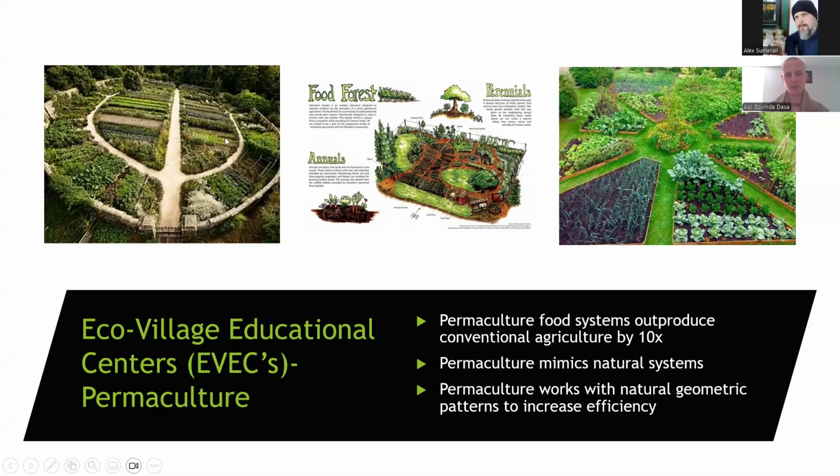It creates diversity in an ecosystem that balances itself, diminishes the risk of pests, diminishes the risk of diseases, and maximizes the yields. So one technique to help feed people is to understand permacultural principles. And these are often taught at eco-villages.